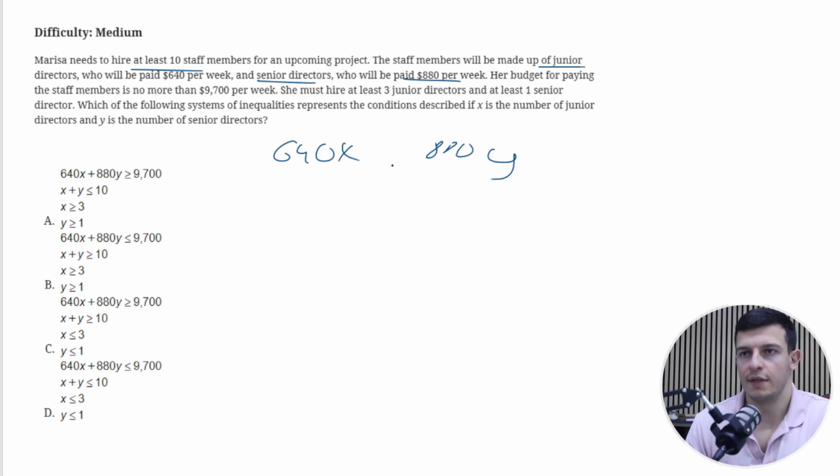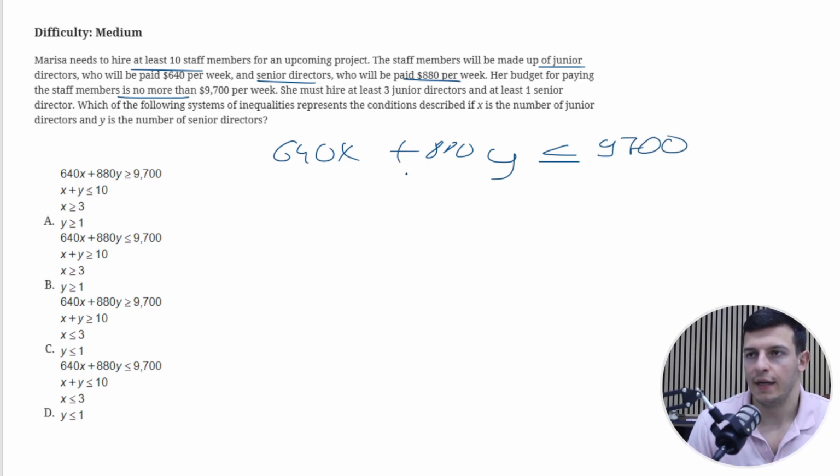Her budget for paying the staff is no more, another keyword, no more than 9700, meaning less than or equal to 9700, right? And she must hire at least 3 junior directors and at least 1 senior director. And we also need to remember that she needs to hire at least 10 people, right? So, which of the following systems of inequalities represents the situation?